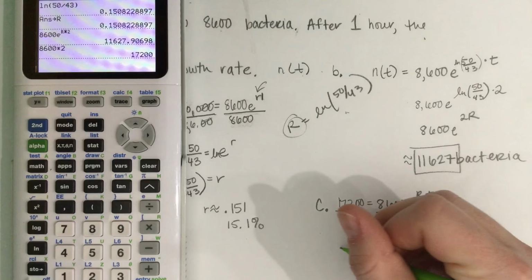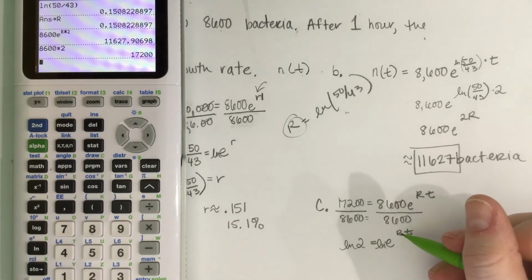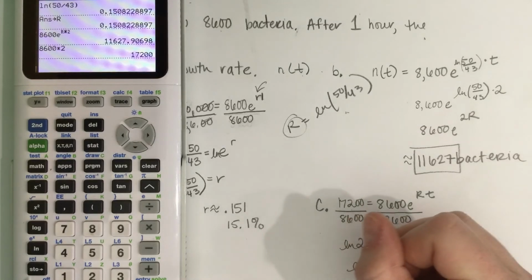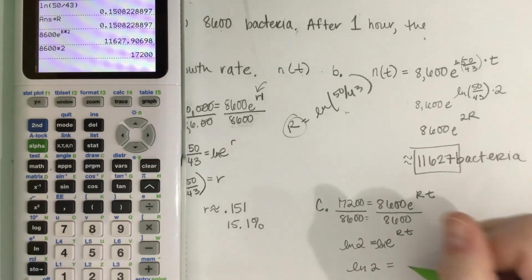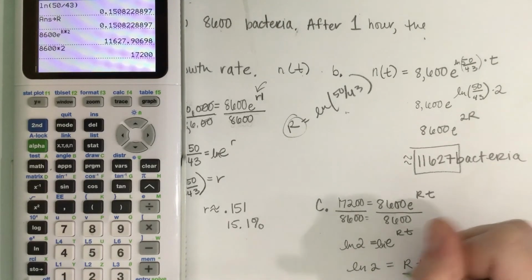So when I natural log both sides, remember I'm solving for t because R we know what it is. So I end up with the natural log of 2 equals Rt.